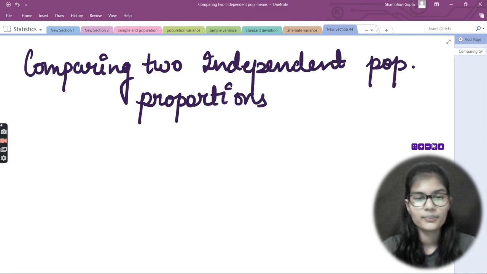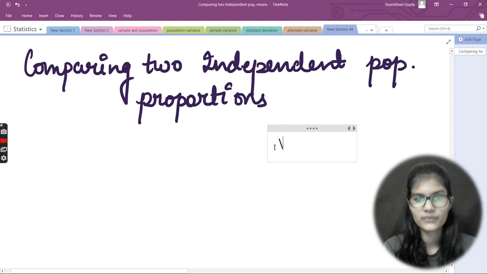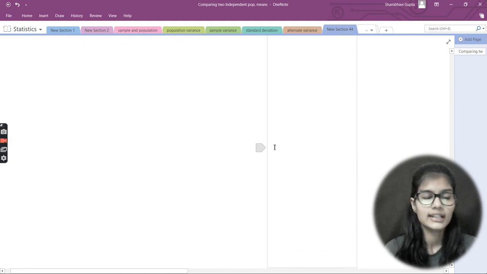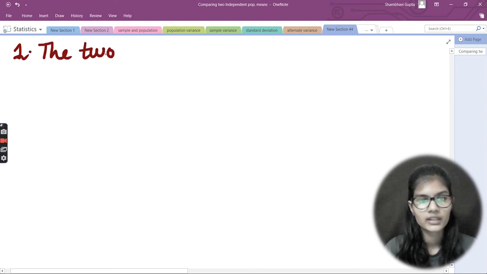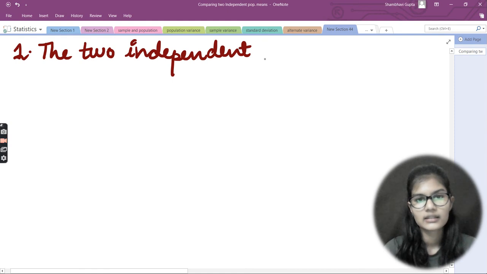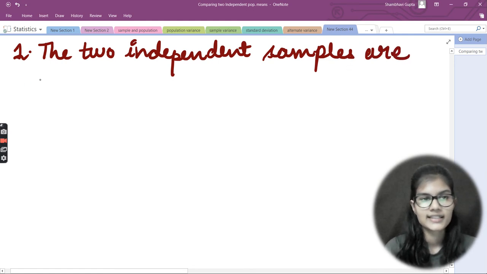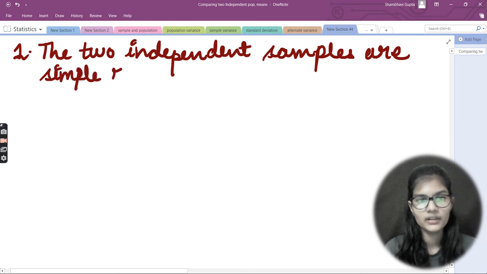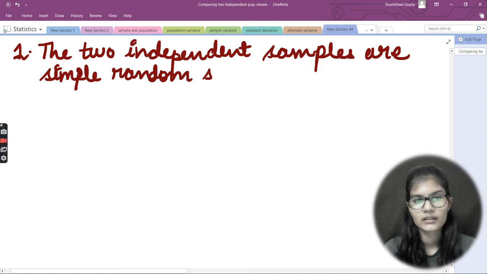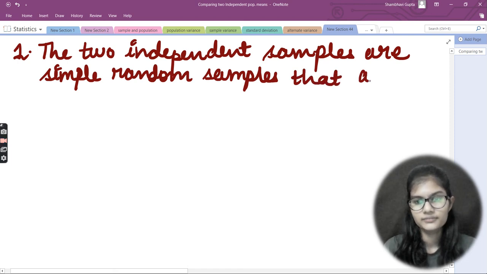Let me write out the first point here. The two independent samples are simple random samples that are independent.